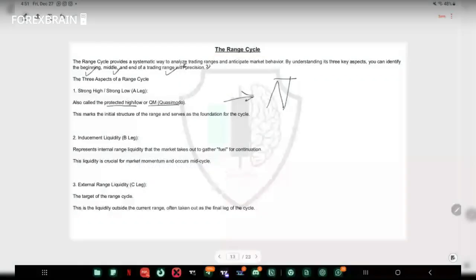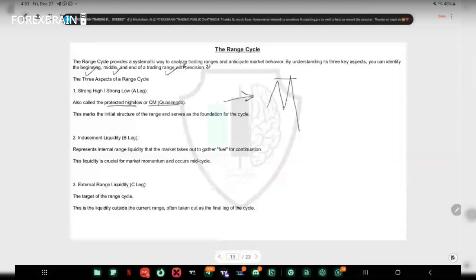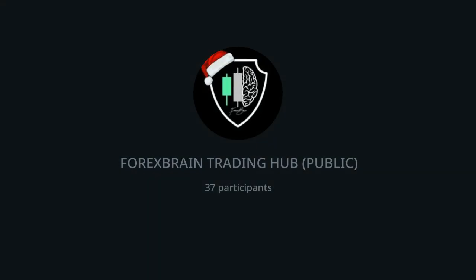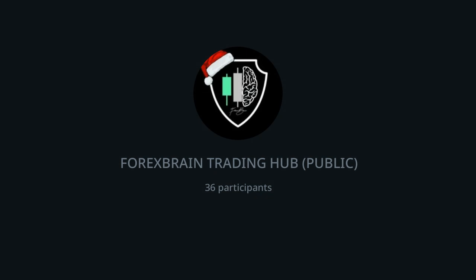So we have what we call the sweep of a high that led to a break of structure. That's the first thing. So this is for a bearish range, and for a bullish range, you want to see the same thing. So this is the first thing you want to see to identify that okay, a new range is starting to form.